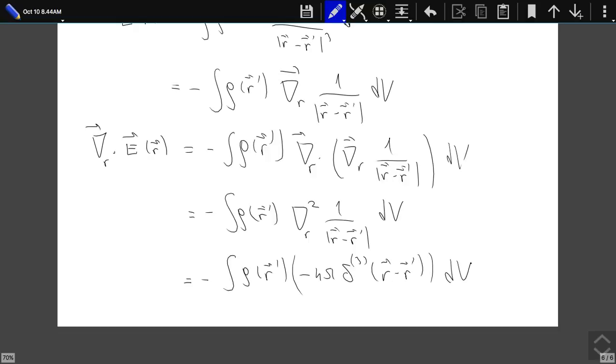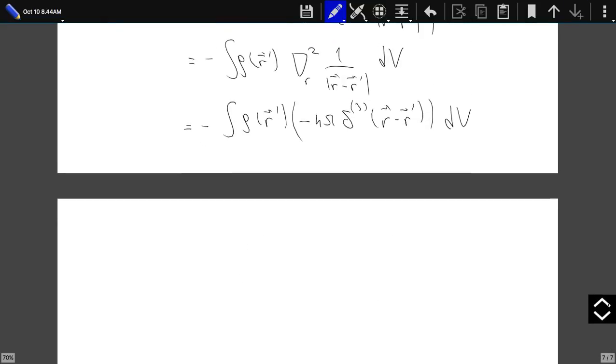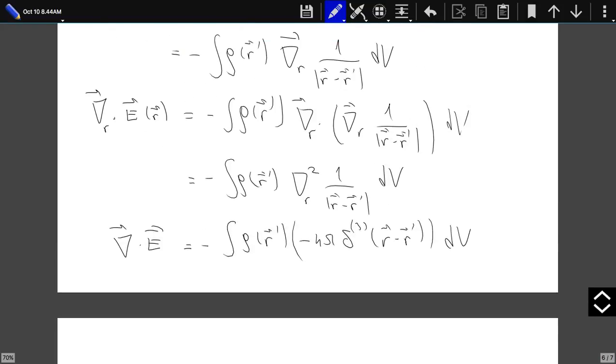dV. So this is the divergence of the electric field. Just pay attention that sometimes I write this subscript r, sometimes I just drop it. If there is an ambiguity, then I write it explicitly. If there is no ambiguity with respect to which coordinate we are taking the derivative, I will be dropping it.